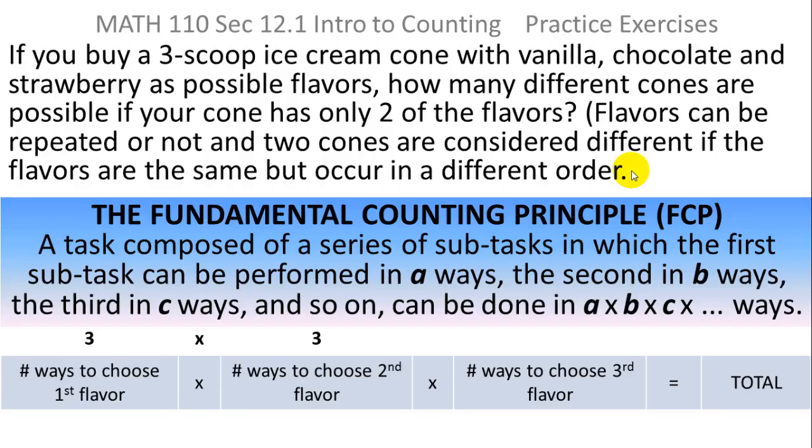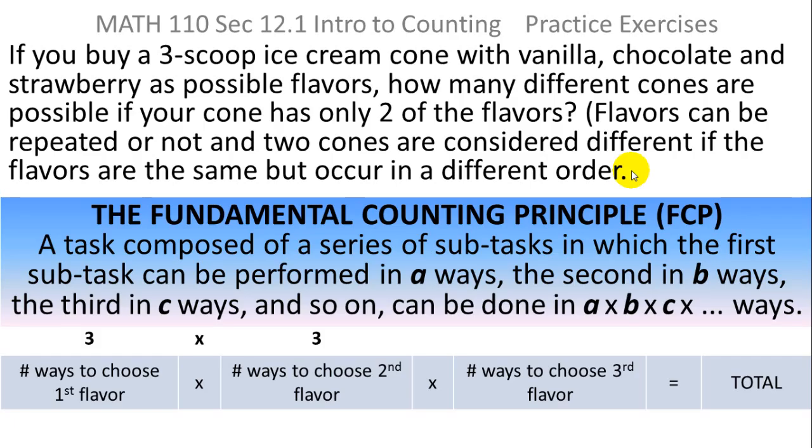I want the cone to have 2 flavors, so some flavor is going to have to get repeated because I can't have 3 different flavors. So it's perfectly okay to choose any of the 3 for the first choice, and since I can repeat a flavor once, it's perfectly okay for the second flavor to be any of the 3.